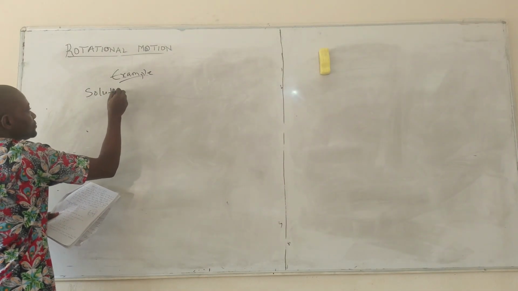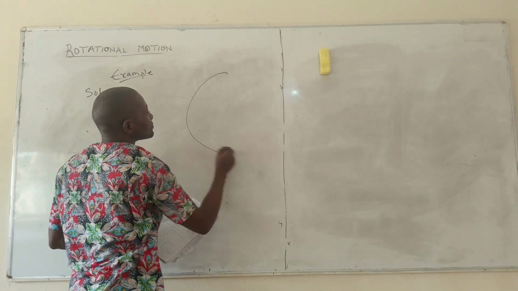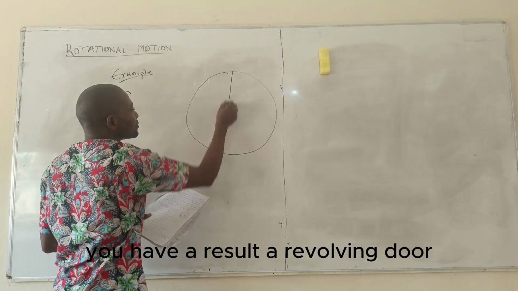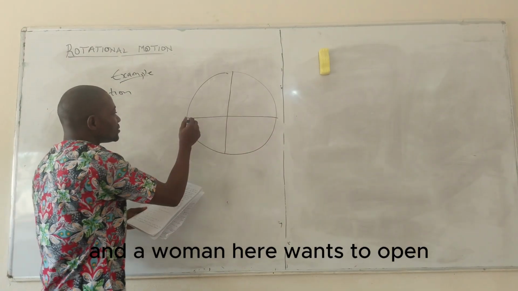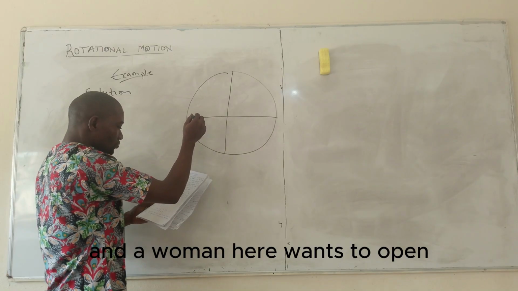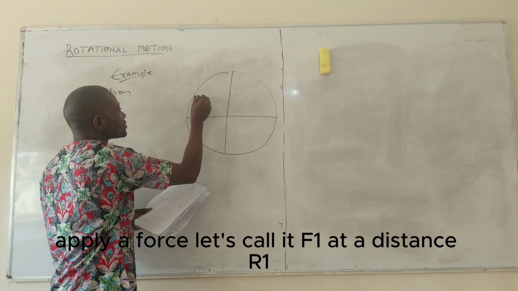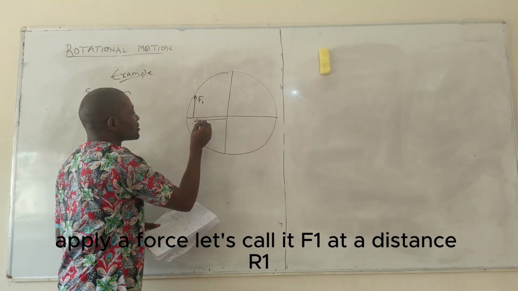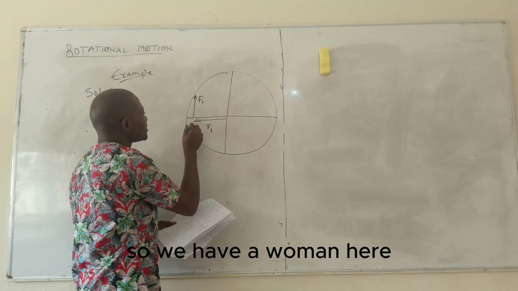Solution. This is what we are saying. You have a revolving door, and a woman here wants to open it, applying a force, let's call it F1, at a distance R1. So we have a woman here.